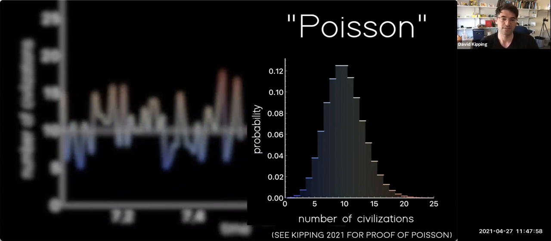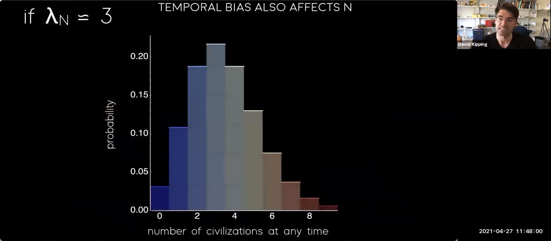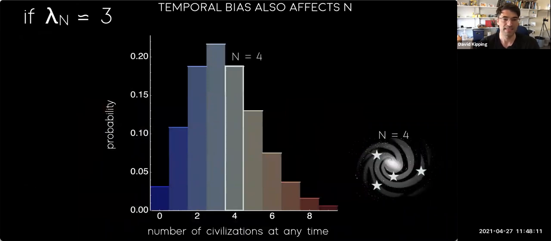So we have this reason such as a Poisson, and that has an interesting implication, because let's suppose the mean rate was 3. So there's on average 3 civilizations in the galaxy at any one moment in time, just for fun. Now, what that would mean is there's a pretty good possibility of getting 4, right? 4 is not quite the peak, but it's pretty close to the peak.